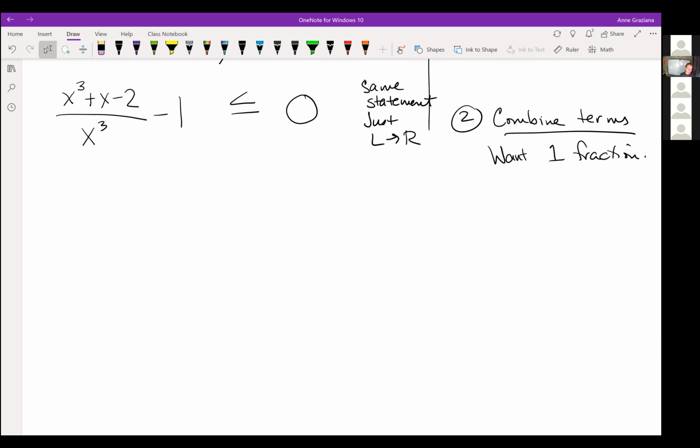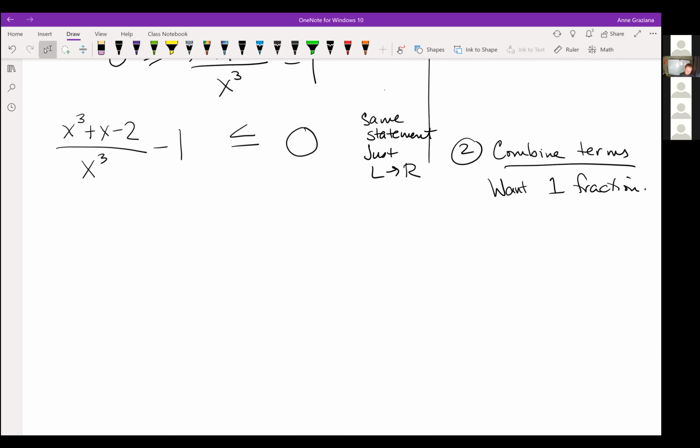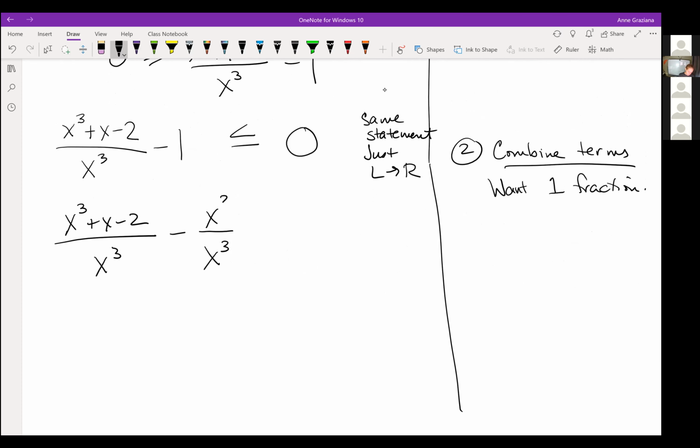You can do it without, but then you end up having to do a lot more fraction work later. I'm just trying to save you guys some agony, okay? So this is x cubed plus x minus 2 over x cubed. Now, how do I make a 1 have the same denominator? It's just going to look like that, right? x cubed over x cubed is 1. So this is what we've done before, nothing new.